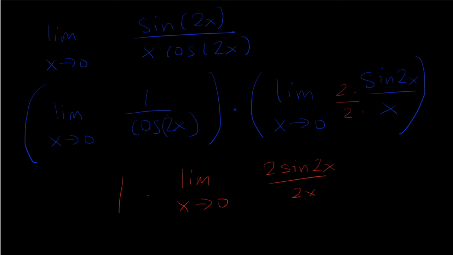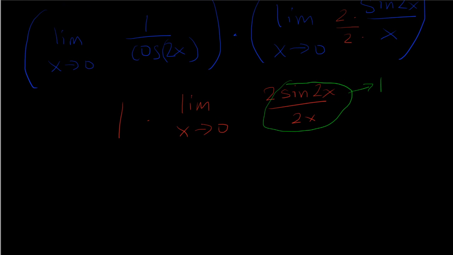And by now we know that sine 2x over 2x approaches 1. So this really becomes 1 times this 2, and then times 1, which is just 1. So our limit is 2.